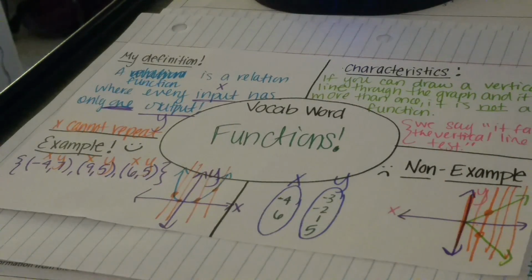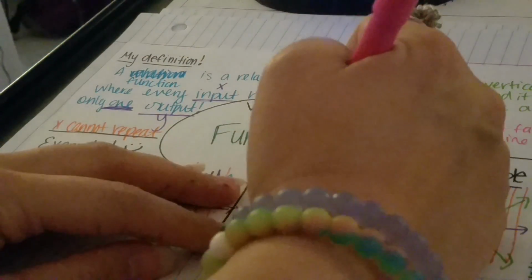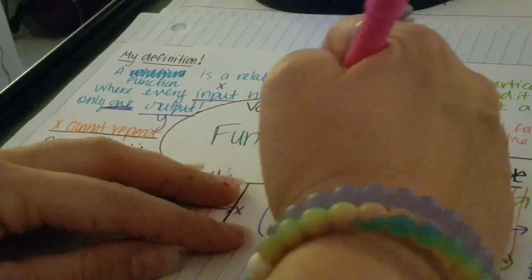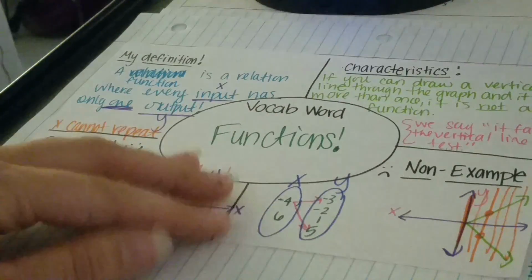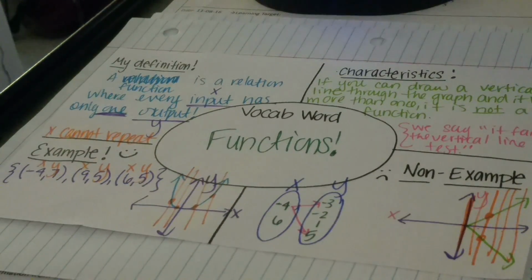Now, how many X's do I have in my oval? 2. And how many Y's do I have? So do you think that X is going to have to repeat this time? To match up with all the Y's, it's going to have to. So I'm going to pair negative 4 with negative 3 and 5. That X has 2 lines.